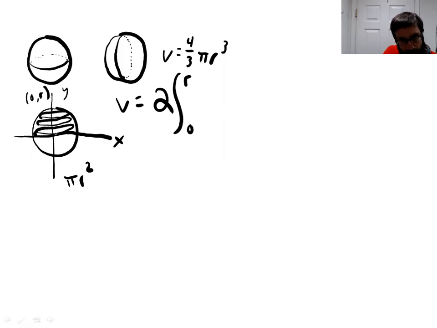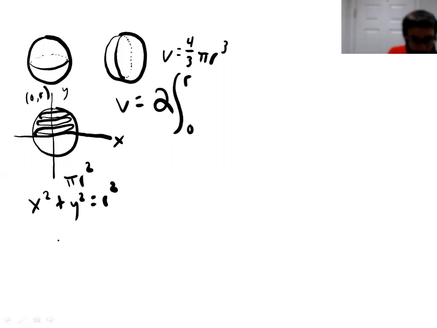The r value, if we're setting it up like this, is going to be the x value of this circle. Up here it's going to be 0 radius. Up here it's going to be whatever the radius is, x. And so we need to know the formula for a circle, which is x squared plus y squared equals r squared.